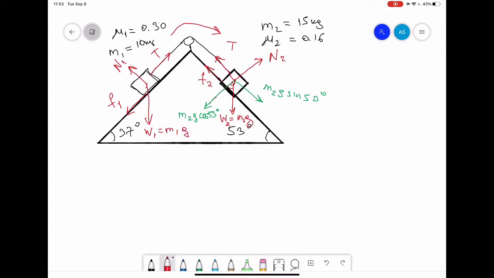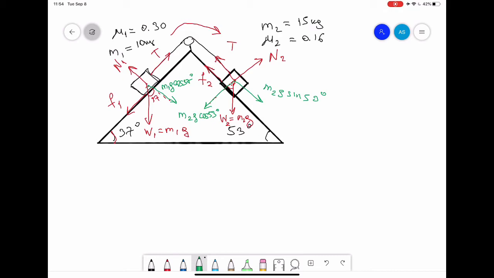Now, since the weight is directed at a certain angle, this theta will be the same as this 37 degrees. So if this angle is 37 degrees, then we can say that this weight component will be m1g cos 37 degrees.